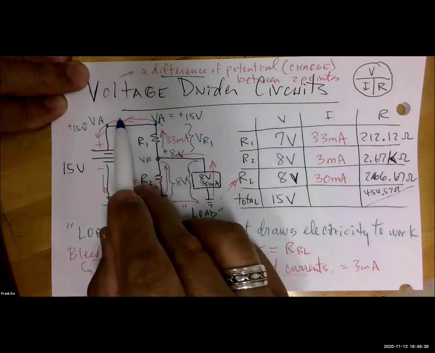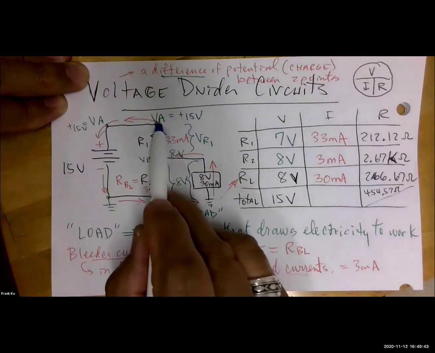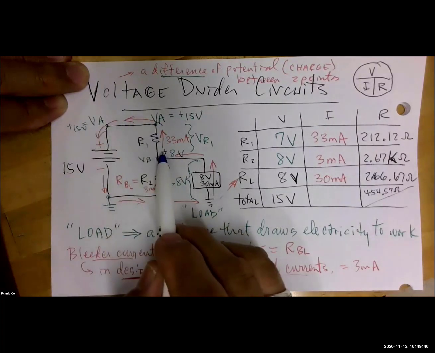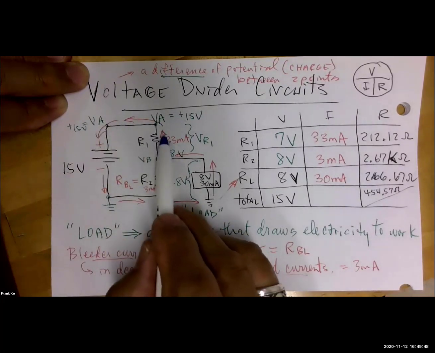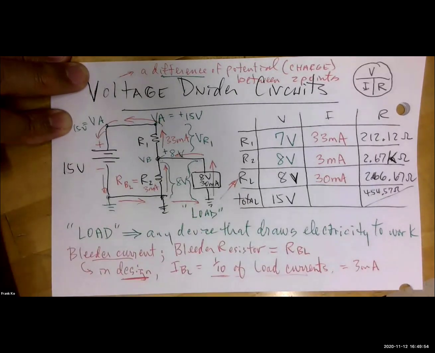Don't you have the current going back to the source as 33 milliamps? Isn't that something we should recognize, that the current through R1 is in fact the total current? Okay, that should be a recognition, not a calculation.